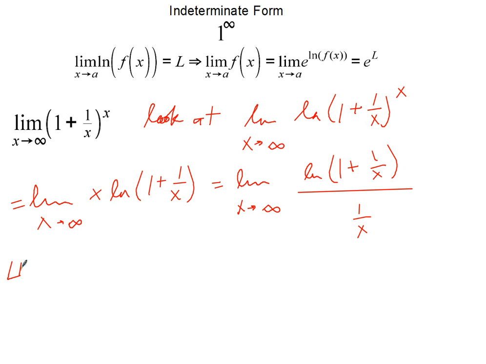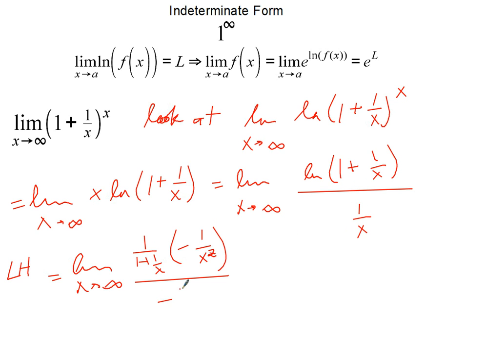So using L'Hopital's rule, we'll end up with the derivative of the numerator, which should be 1 over (1 + 1/x), times the derivative of 1 + 1/x, which is negative 1 over x squared, over the derivative of 1/x, which is negative 1 over x squared.